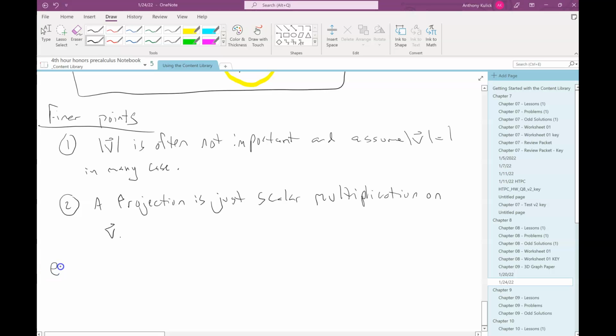So let's do a couple of examples here. We'll start with just a numeric one.